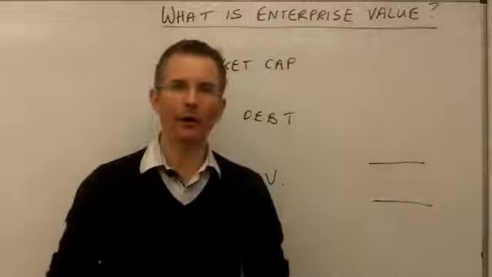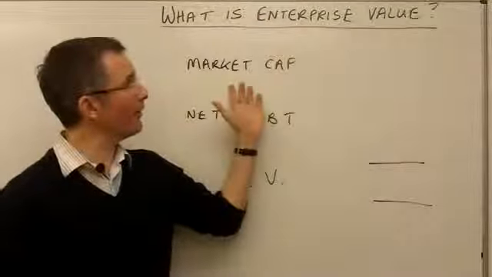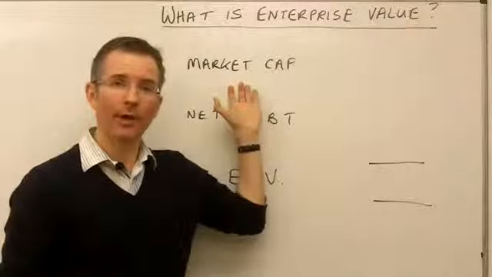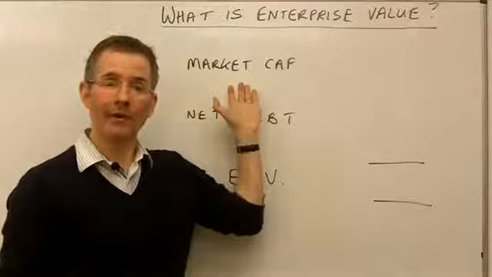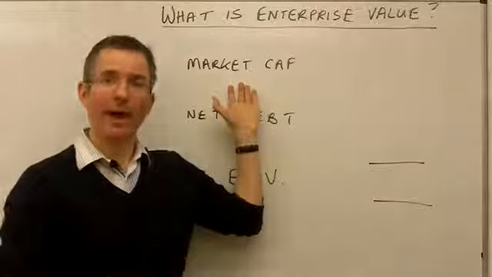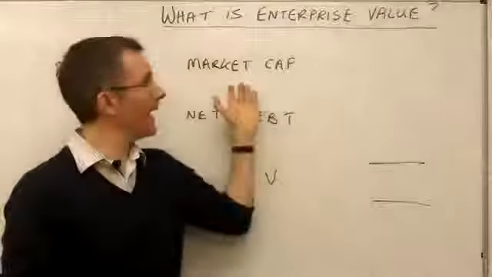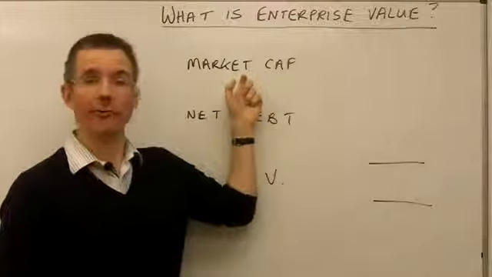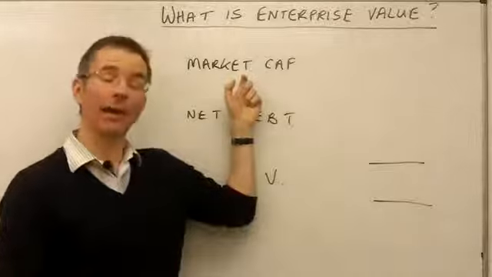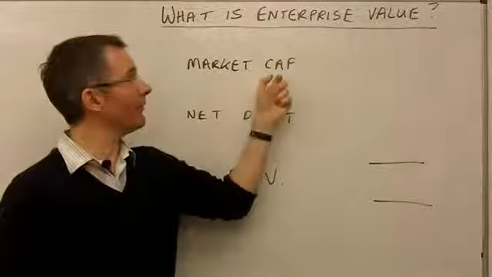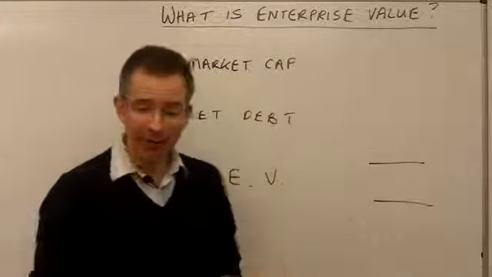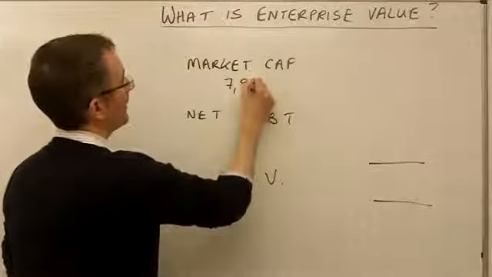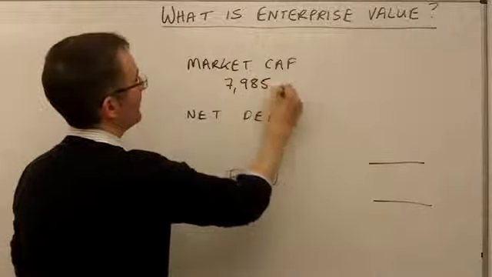So how does that work? Well, we could do this for, say, Tesco. The last time it reported a full set of 12-month results, that was February 2010, so the next full set is due out just after the new year. And we could say, right, what was Tesco's market capitalization, say February 2010? It's obviously changed since then, but at February 2010, the number of shares in issue in millions was 7985, that's millions.